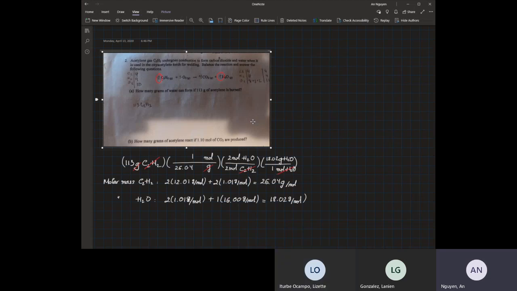Moles cancel out, leaving grams of H2O. So we just carry out the math: 113 times 2 times 18.02, divided by 26.04 and divided by 2. That gives us 78.20 grams of H2O.